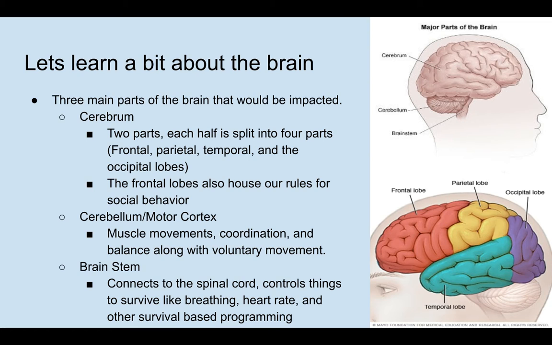So let's go back. We know that the cerebrum would definitely be affected, and the cerebellum would, as well as the brainstem, because with the cerebellum, muscle movements are different, and your coordination is kind of off. And in the cerebrum, the frontal lobe, which is responsible for voluntary movements and cognitive functions, would be affected, and the parietal lobe, with processing information about temperatures.